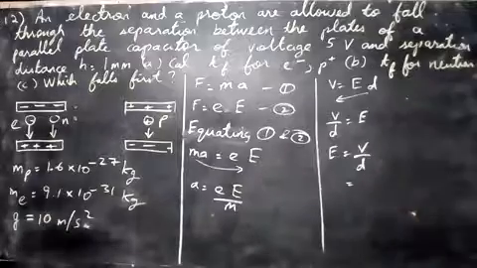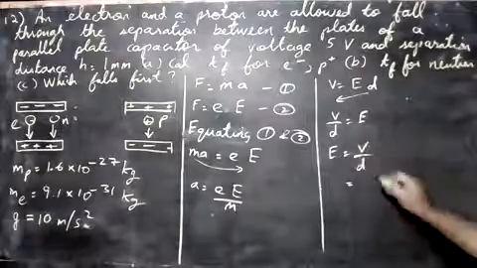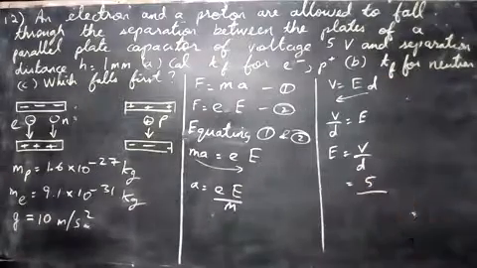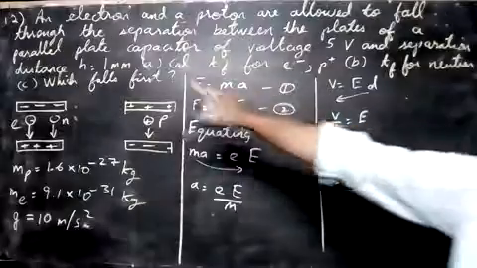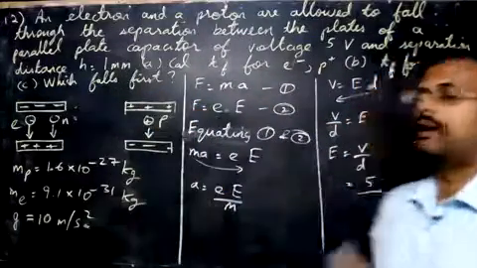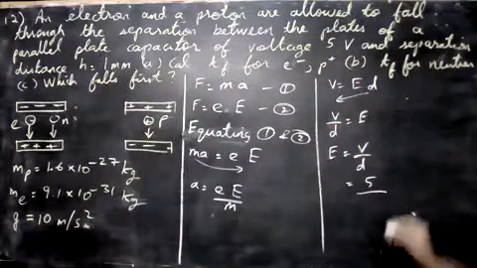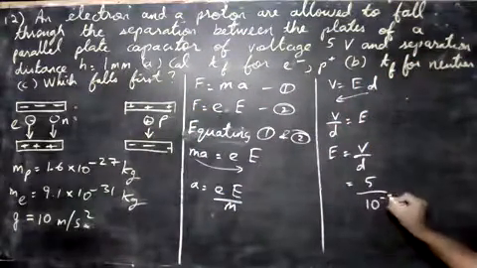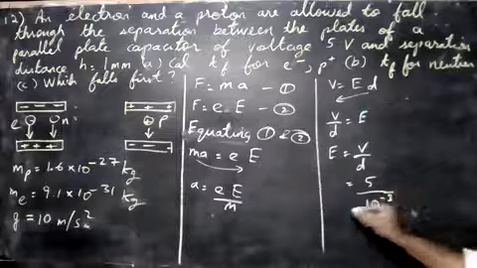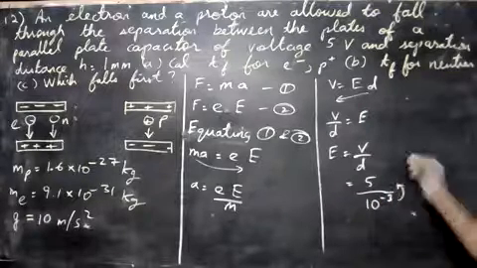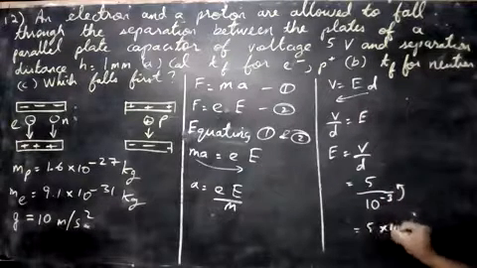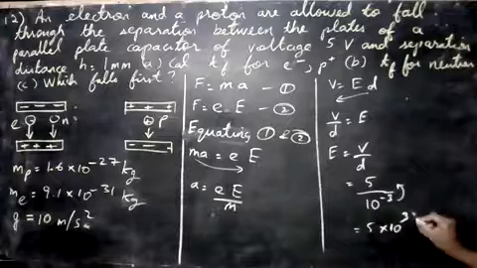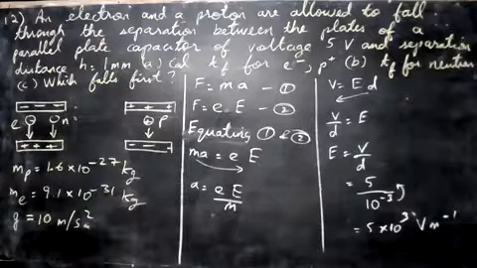The question gives us 5 volt. So voltage is 5 volt, and distance h is 1 millimeter. 1 millimeter means 10 power minus 3 meters. Taking it up, it becomes plus, so we have 5 into 10 power 3 volts per meter. This is the electric field.